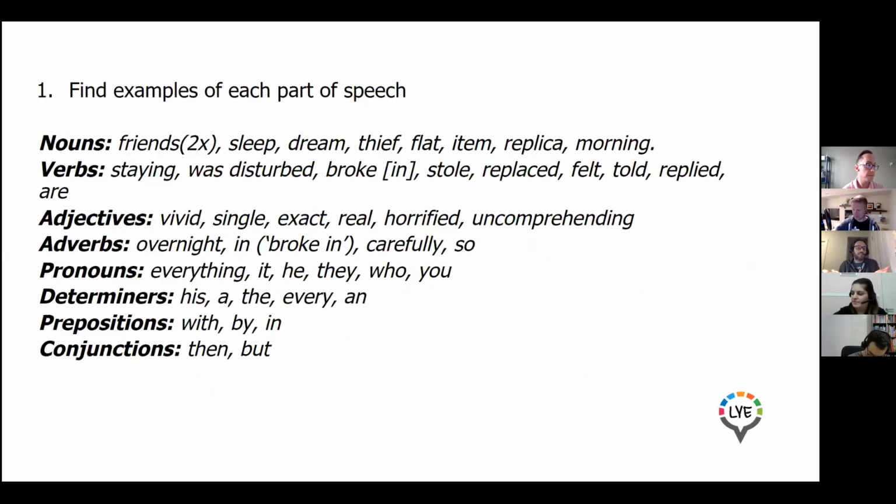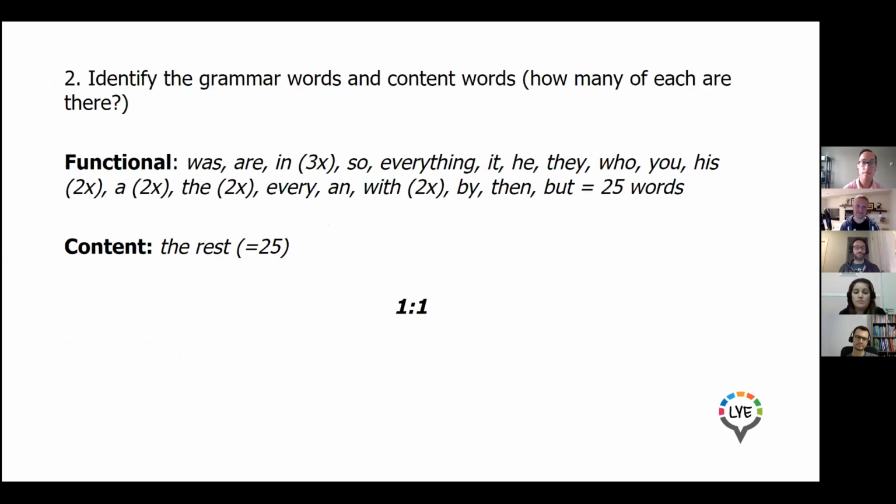So here are examples for each part of speech. As you can see, we have nouns, verbs, adjectives. We have an example of each part of speech in this text. And the interesting thing is, the second question was content and grammar words. Interestingly, Mike, if we go to the next one, you will see that we have an interesting ratio of one-to-one.